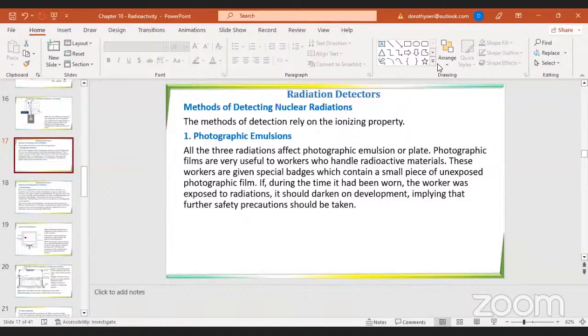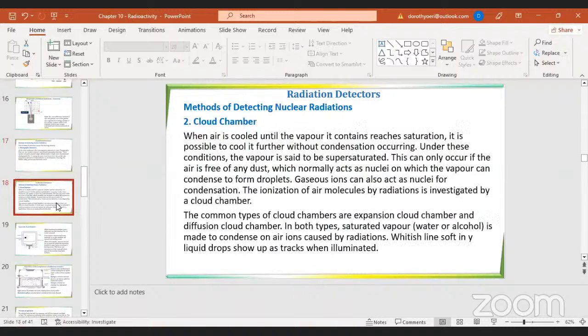That is the photographic emulsion, one of the detectors which can be used. Now, the next one is the cloud chamber.